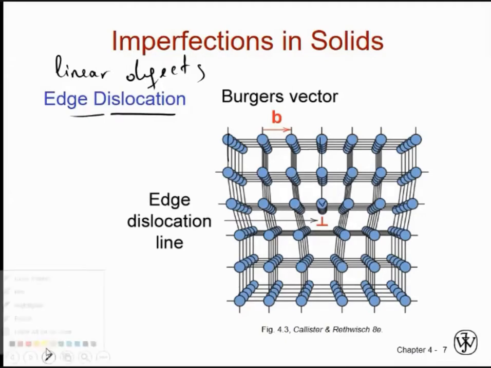Let me change the color. I can trace this line over here, this full line, and this is for others. But here it is a half line. So I have this half extra line of atoms. It's called edge dislocation, and that's the sign for it.